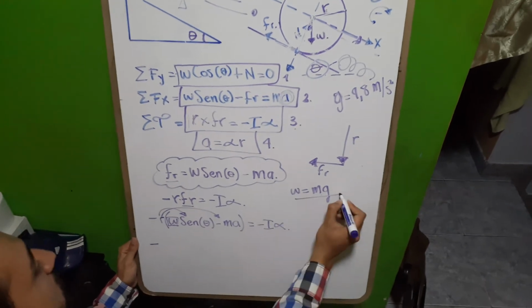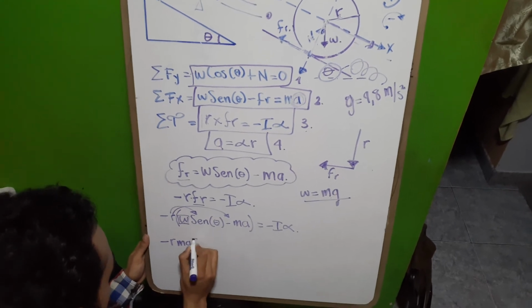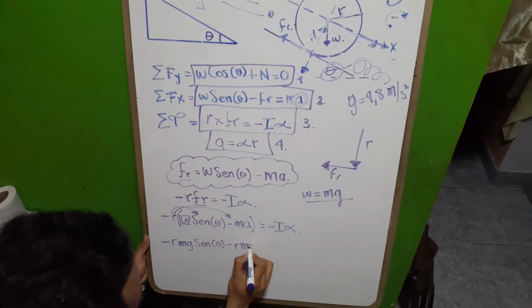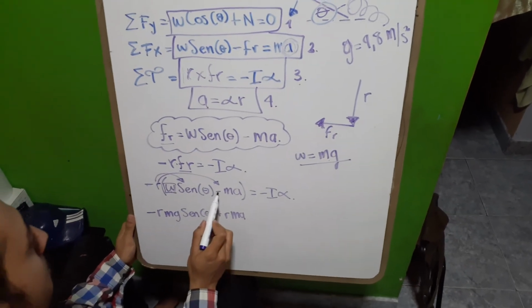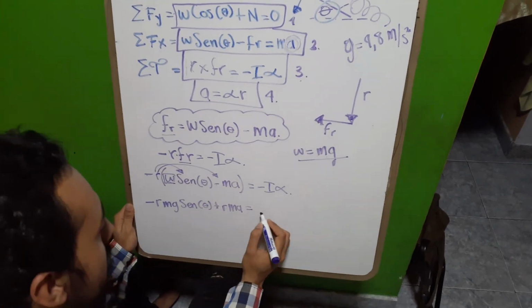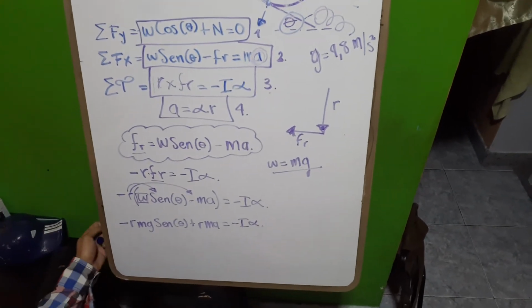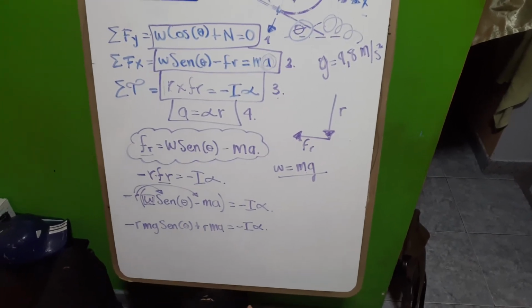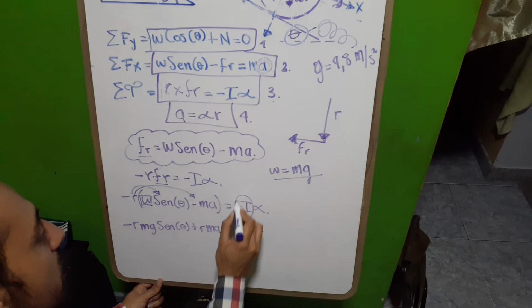And this negative multiplied by negative is positive. Now, this is the moment of inertia.